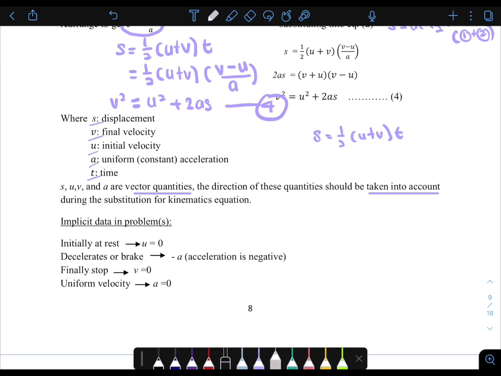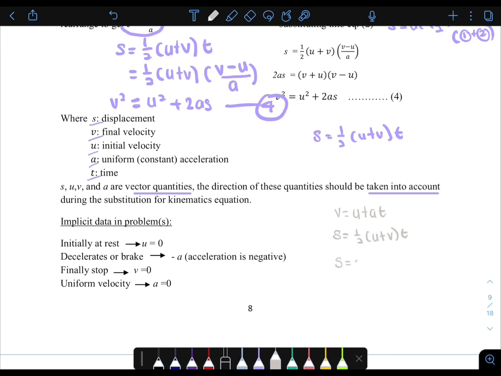Okay, so I'm just going to rewrite the four equations. The first one is V equals U plus AT, from the gradient. S equals half (U plus V) multiplied with T, from the displacement, the area under the graph.